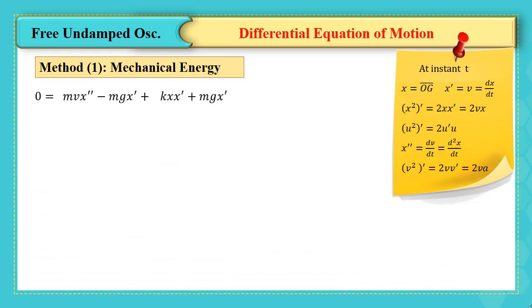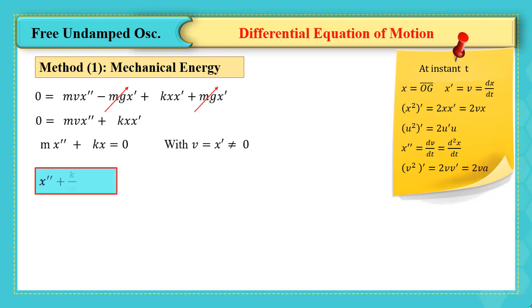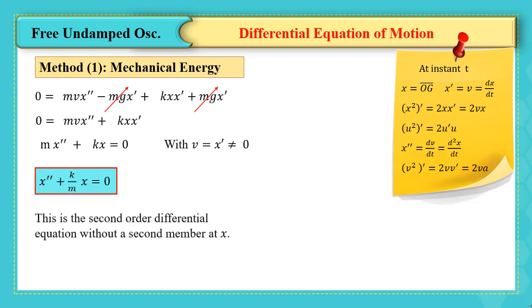Then minus mgx prime plus mgx prime gives 0. The answer is mx double prime plus kx equals 0, where v equals x prime not equal to 0. The last answer is x double prime plus k over m x equals 0, and this is the second order differential equation without a second member at x.